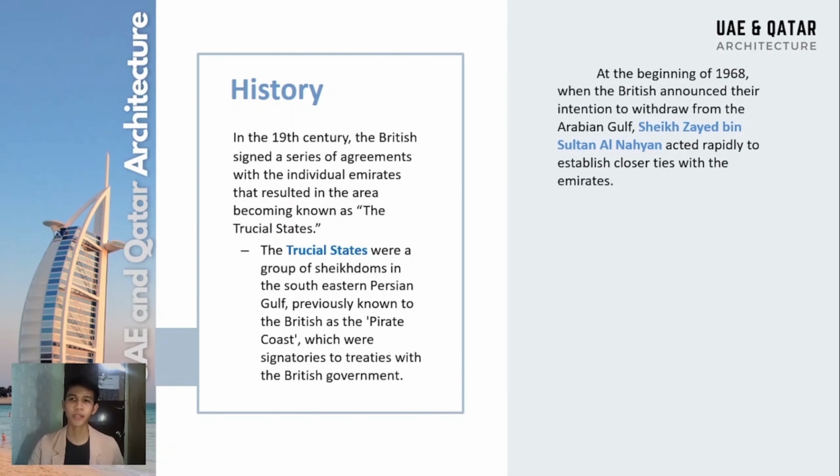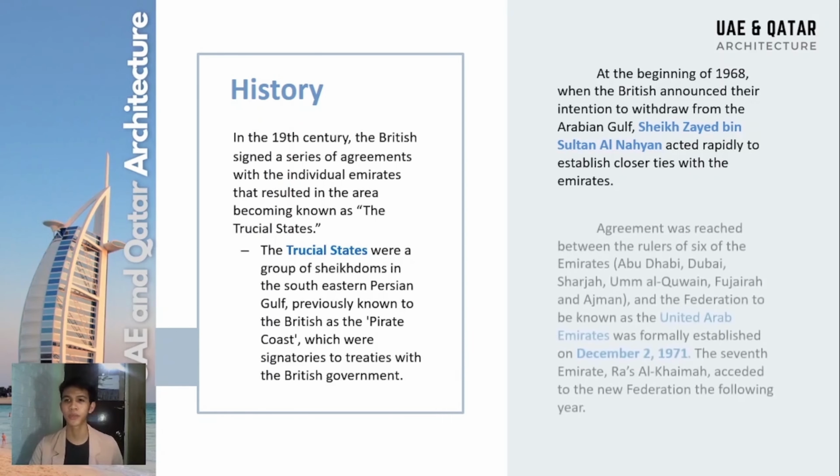At the beginning of 1968, when the British announced their intention to withdraw from the Arabian Gulf, Sheikh Zayed bin Sultan Al Nahyan, the former president of the United Arab Emirates for more than 30 years, acted rapidly to establish closer ties with the Emirates.